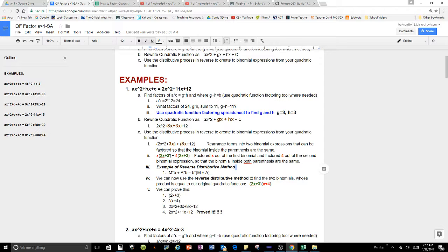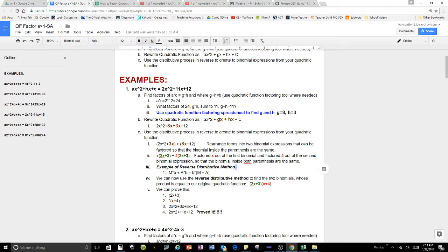And so you see, I've sort of color coded it. If you take this 8x and you factor 4 out of here, that's like dividing each of these terms by 4. You get 2x here and you get 3. In this particular parentheses, if you factor out x, because this is 2x squared, that's going to leave you with x, you get 2x plus 3.